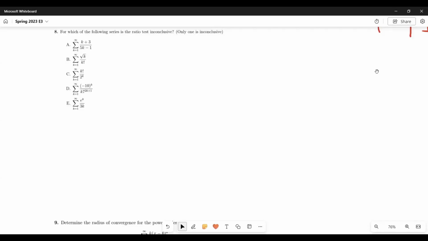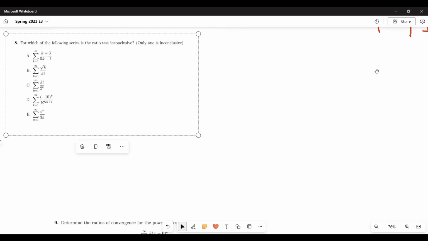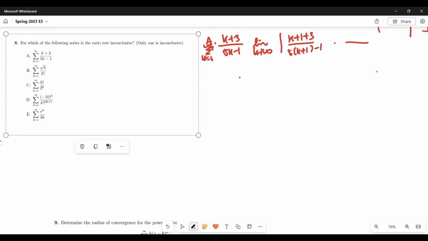Okay, this question asks for which of the following series the ratio test is inconclusive. Let's try it. So A, k plus 3 over 5k minus 1, with k equals 1 to infinity. The limit as k goes to infinity becomes k plus 1 plus 3 over 5k plus 1 minus 1, times the reciprocal of the original, which means k plus 3 over 5k minus 1.